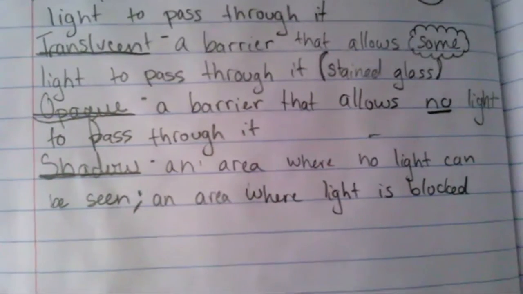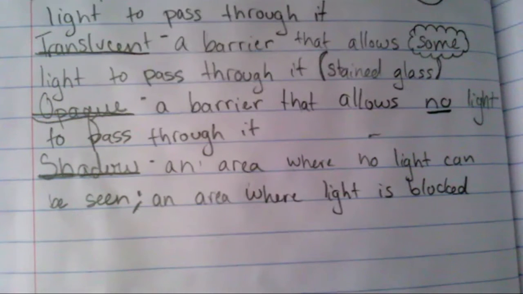And as Oak pointed out, this is the area created by an opaque object that light isn't able to pass through. Therefore, there's no light on the other side of that opaque object, creating a shadow.